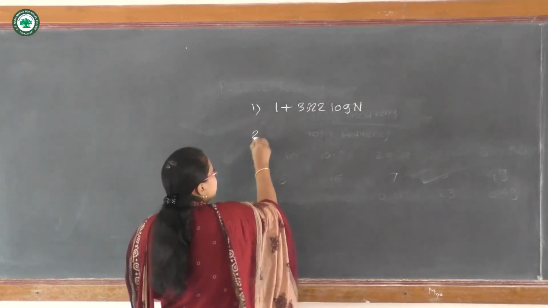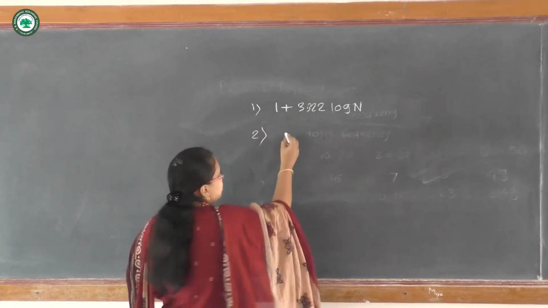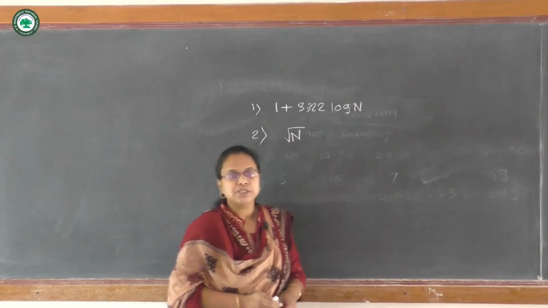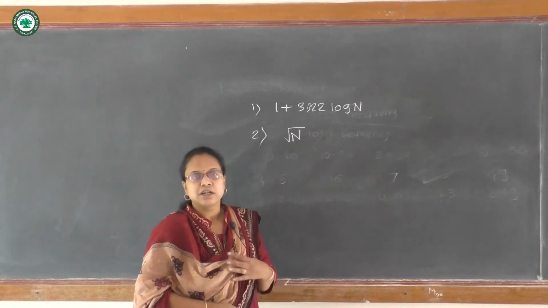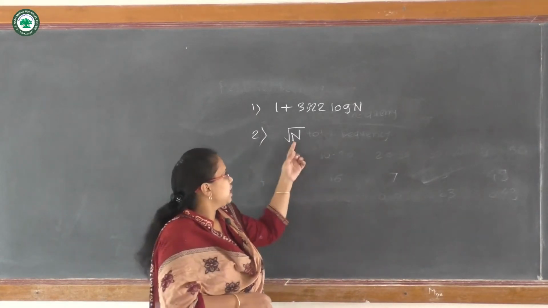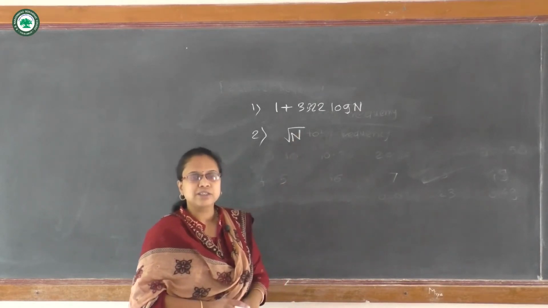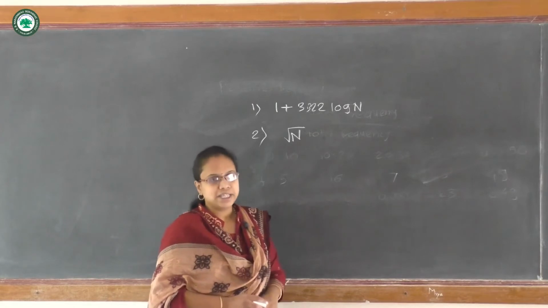Then the second, according to the thumb rule, the total number of classes should be root N. Suppose there are 100 observations in our sample, then there should be root 100, means 10 classes, like 0 to 10, 10 to 20, etc.